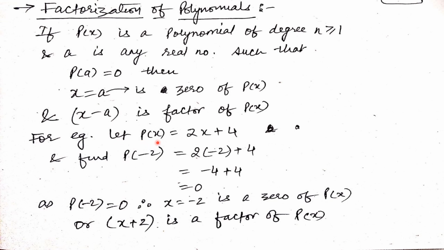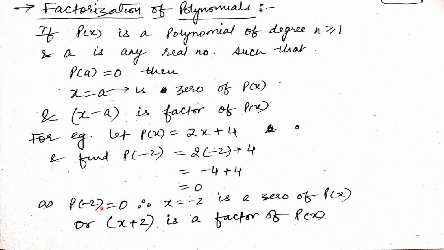Suppose you have a polynomial Px equal to 2x plus 4 and you are checking at P of minus 2. You are checking at P of minus 2 what is the remainder, and what you got is 2 into minus 2 plus 4, that is minus 4 plus 4, 0. You got 0. So you can say by putting this number you got 0. Therefore this minus 2 is a 0 of this polynomial.